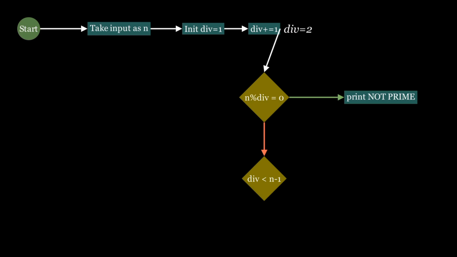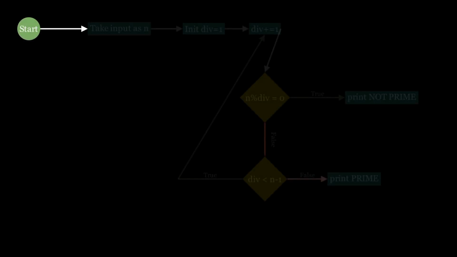If it's true, means we are not yet done with dividing. So jump back to div plus equals 1. If false, then we are done with dividing by all numbers, and then we are ready to declare our n as prime number.